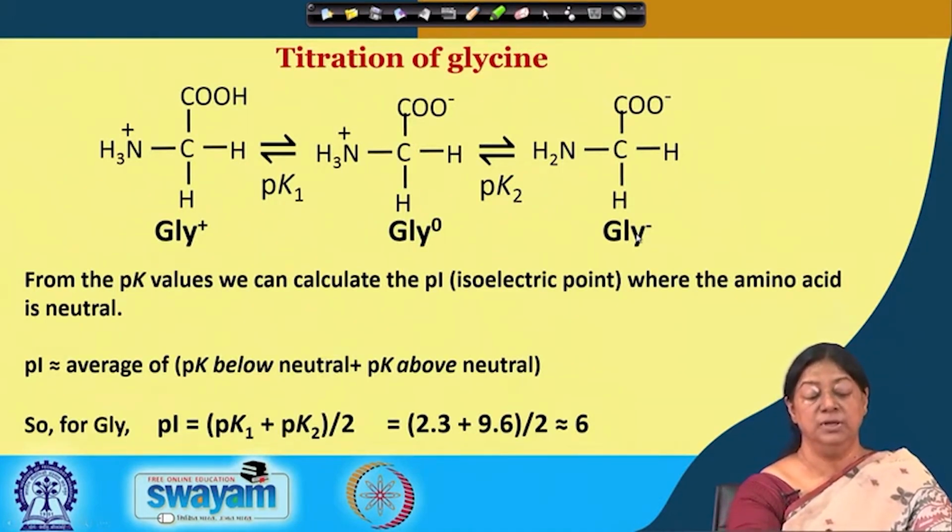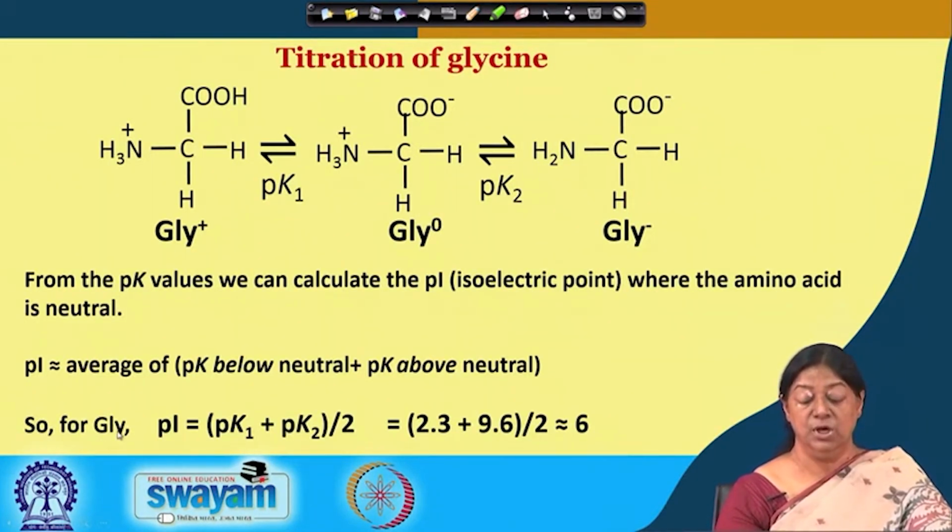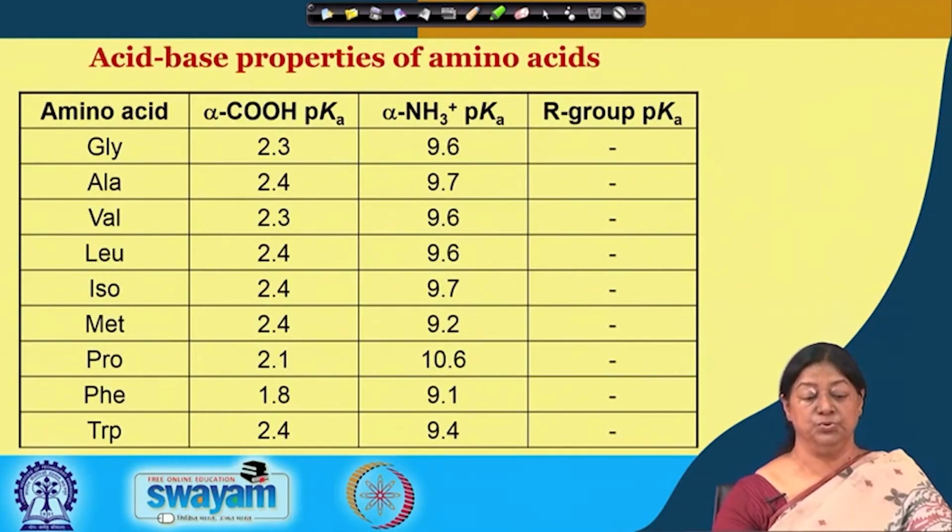So 0 is neutral, the pK below neutral, the pK above neutral, the average of these is what is going to give you the Pi. For glycine, I will just show you a table of the values. We have 2.3 plus 9.6 divided by 2, which gives you a Pi of approximately 6. This will be experimentally demonstrated to you in the experimental section that will be shown to you.